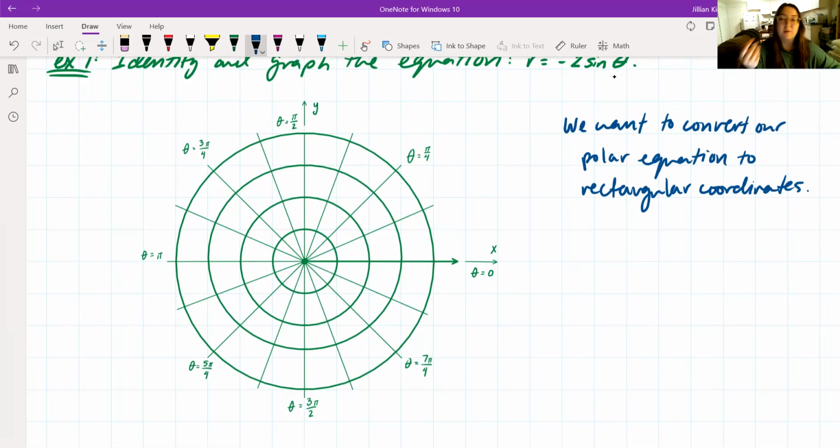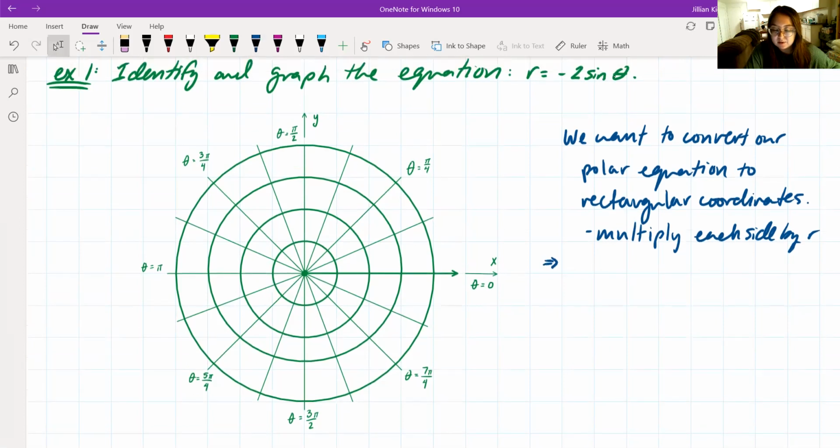To do this, we're going to multiply each side by r. We do this because if we multiply each side by r, we're going to end up with an r squared, which we know we can easily just replace with an x squared plus y squared. So we had r was equal to negative 2 sine of theta.